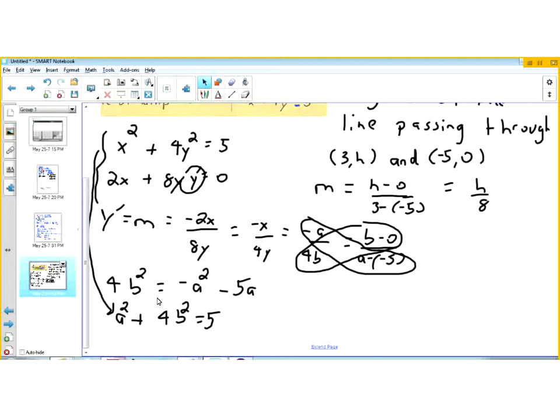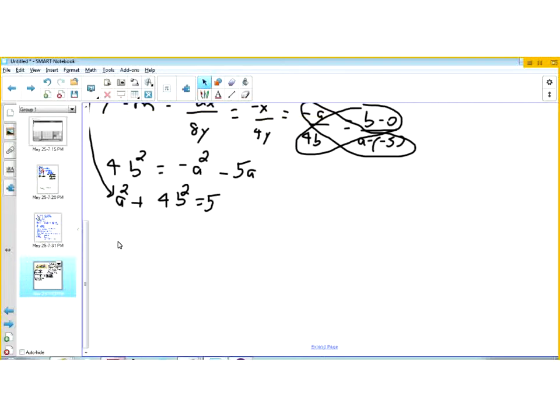4b squared is equal to, okay, so let's see here. We have two equations now.